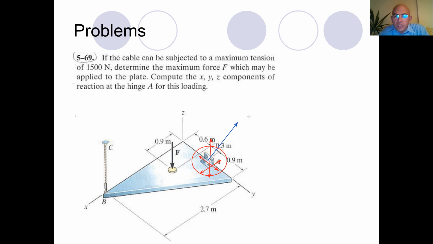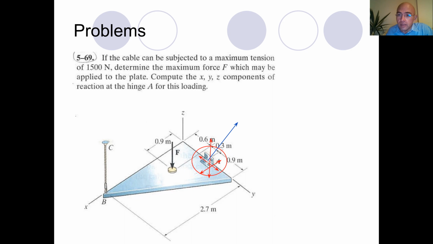Okay, this is something, but let's look at the moment then. Now, certainly, this hinge does not allow the rotation of the plate around x-axis. So because it cannot rotate around x-axis, this means that I have a reaction moment in x direction. Now let's look at the z direction. Certainly this hinge does not allow the rotation of the plate around z-axis.